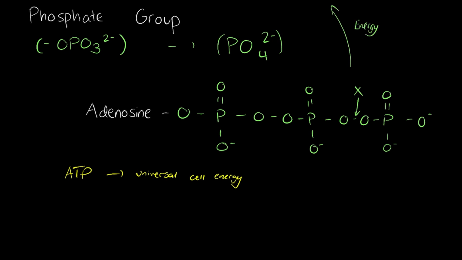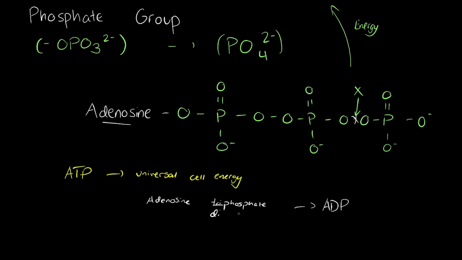The full name of ATP is adenosine, for the molecule that the phosphate groups are bound to, triphosphate. Tri meaning 3, and phosphate for the phosphate groups attached. But when this bond is broken, we then form ADP, which stands for adenosine diphosphate.